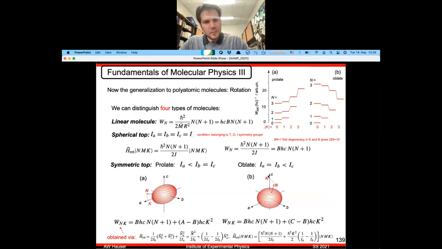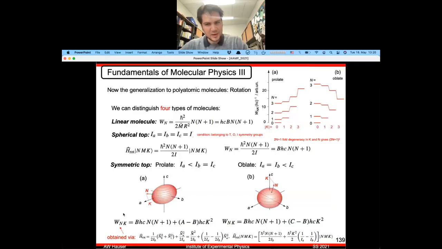Now, in these two cases, our expression for the energy with respect to the rotational quantum number is slightly more complicated, but we can easily derive it. We do it here for the symmetric top with a prolate configuration. This is what we will obtain.